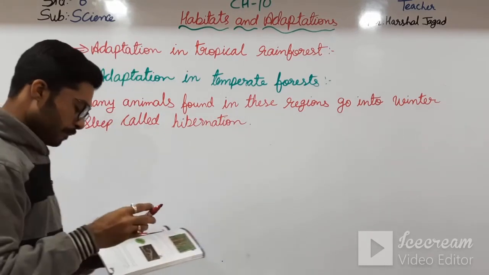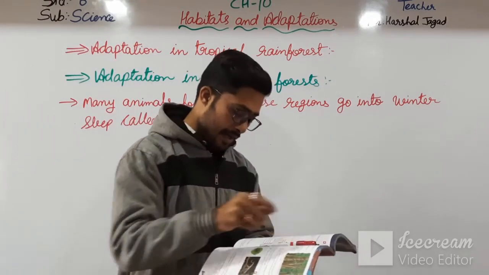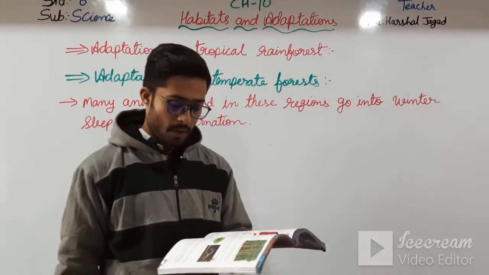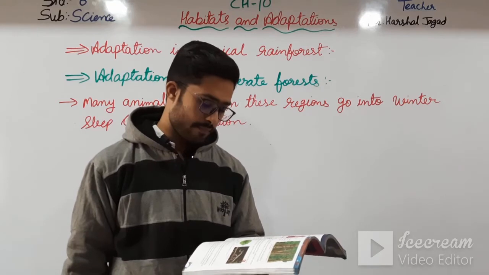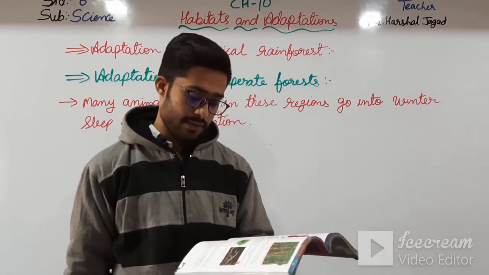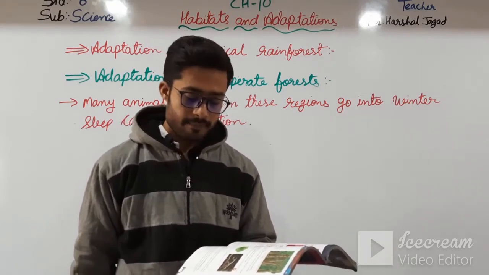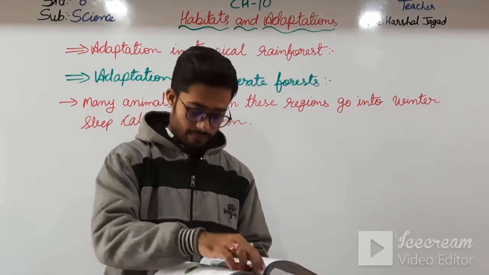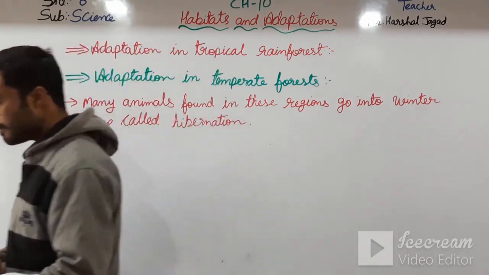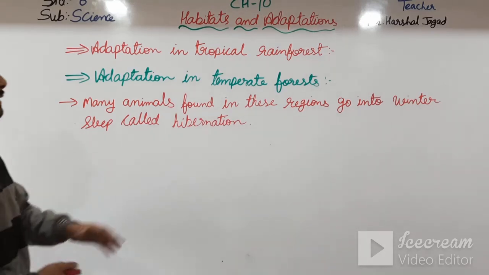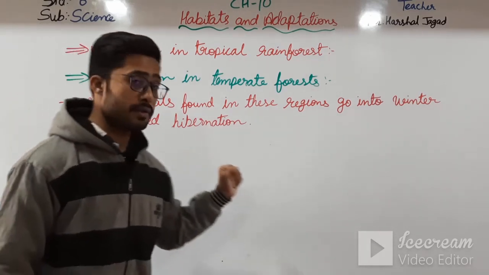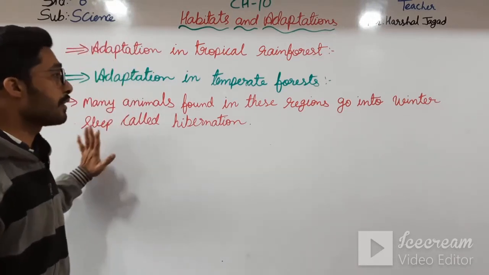Students, they either hibernate or migrate to warmer places to escape harsh winter months. Animals such as squirrels and chipmunks gather food during summer and store it for winter when food is hard to find. Here, the adaptation in temperate forest for animals: some of the animals sleep for the winter.